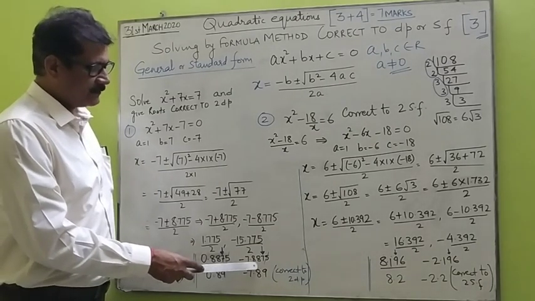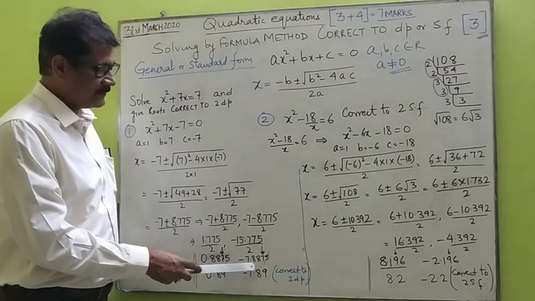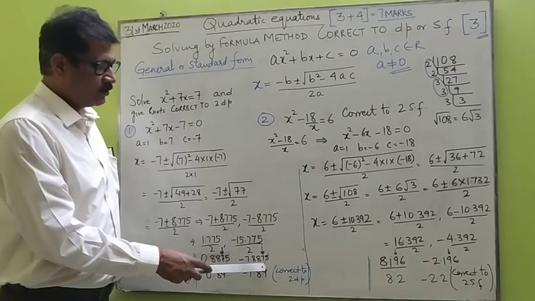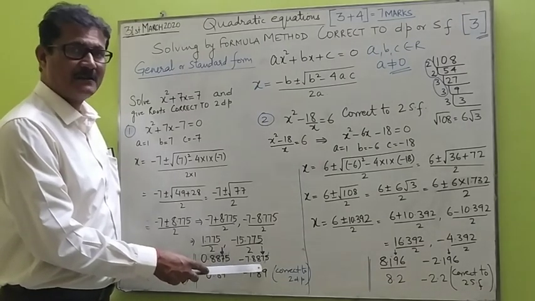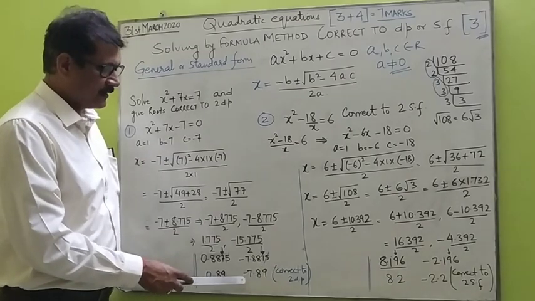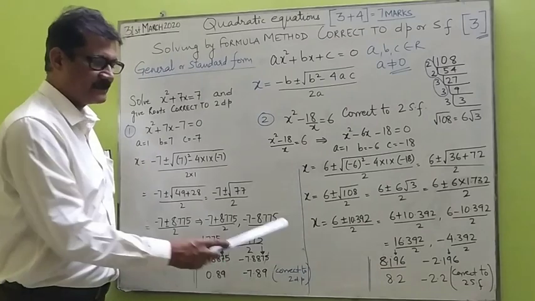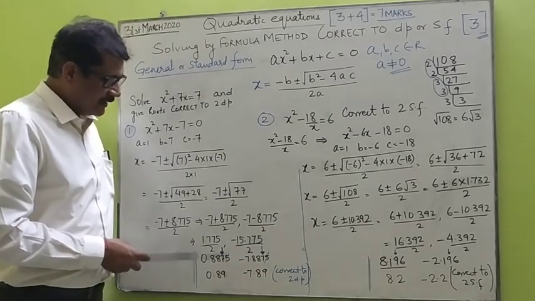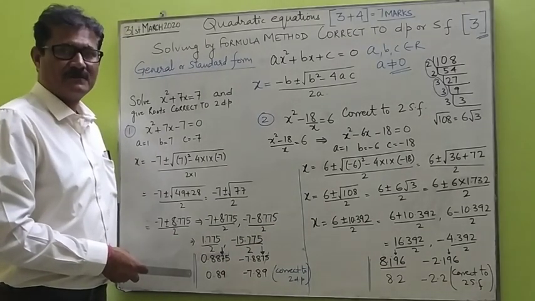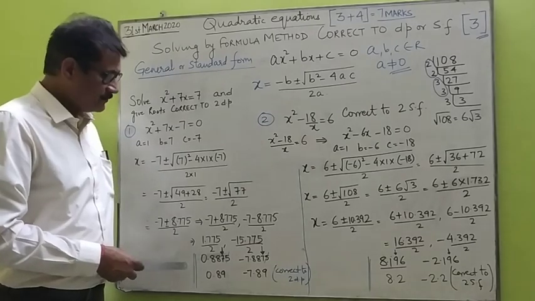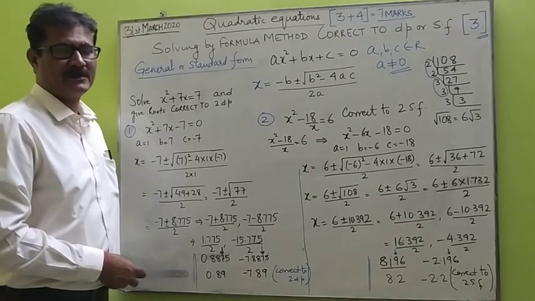Similarly here, the number in the third decimal place is 7. So the number prior to it, that is 8, increases by 1, becomes 9. So the answer is minus 7.89, correct to 2 decimal places. Both the answers have to be represented in the solution. This is a must. Otherwise, you lose the answer mark in the board examinations.